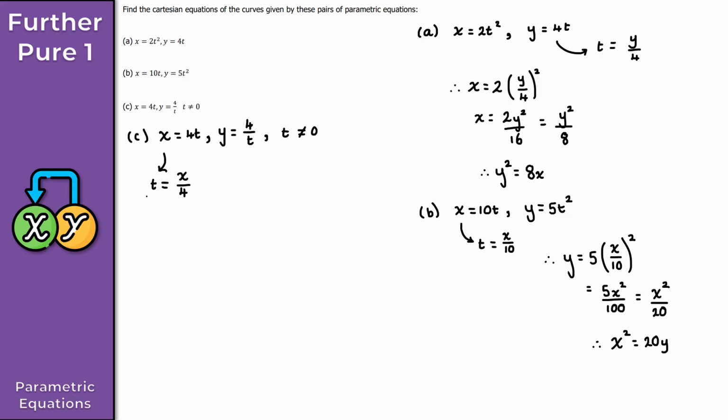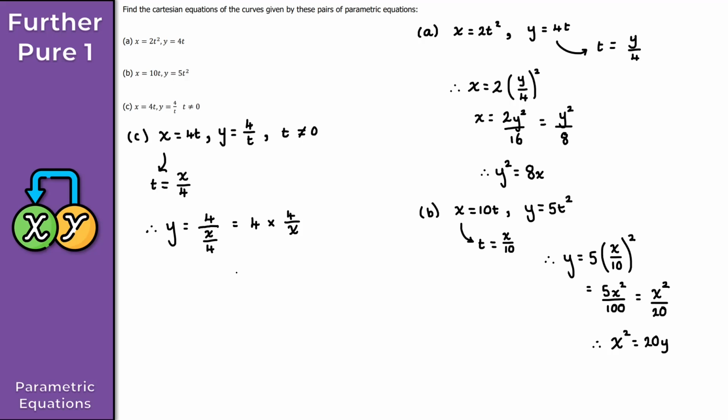We're now going to substitute this into this equation. So for y, y is equal to 4 over t. t is x over 4, so I get 4 all over x over 4. Dividing by x over 4 is just the same as times by 4 over x. So I've got 4 times 4 over x.